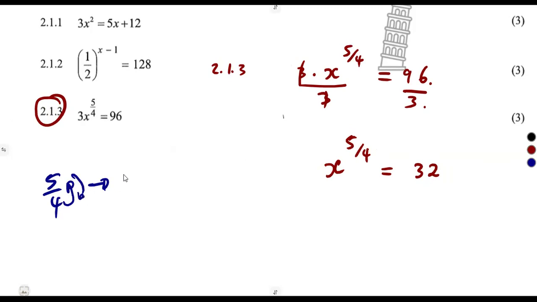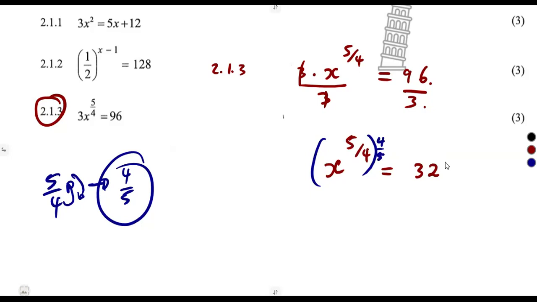So it's 4 over what? 4 over 5. That's the reciprocal. So by raising this to the exponent of the reciprocal, which is 4 over 5, we are also supposed to do the same thing on this number, which is 32. We are supposed to raise it also to the exponent of what? The reciprocal, which is 4 over 5.